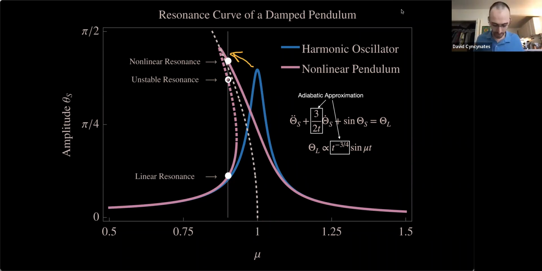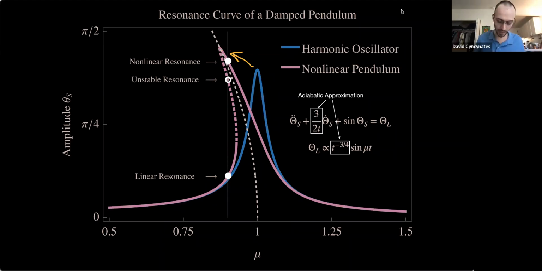This opens up the possibility of having up to 3 equilibrium amplitudes at a given driving frequency. In other words, we have this small amplitude equilibrium, which we call a linear resonance because it's really close to this blue curve. Up here, we have 2 nonlinear resonances. These have no analogy to the harmonic oscillator resonance curve.